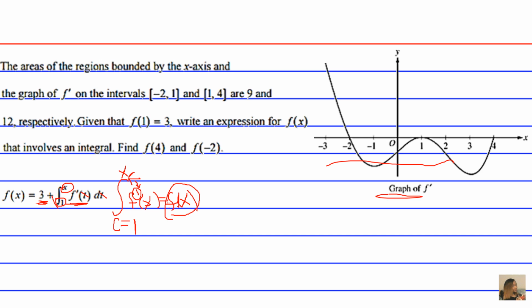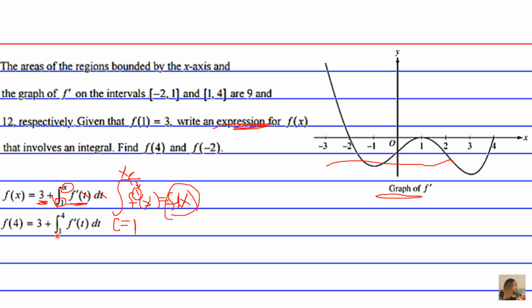Now we have to use this expression. So this answers this portion of the question. Now we have to find f of 4. So f of 4 is going to be really easy. f of 4 is equivalent to our initial condition, 3, plus the integral from 1, because that's where we left off.